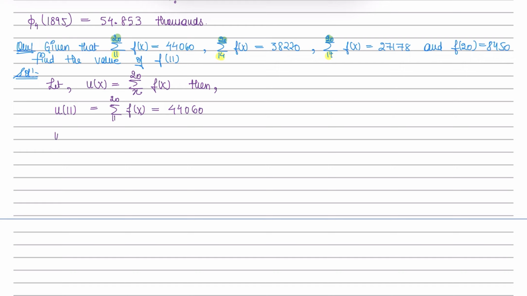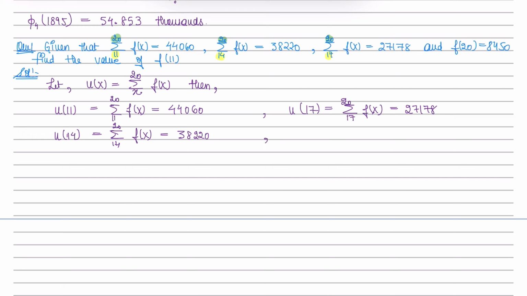Similarly, u of 14 is equal to summation 14 to 20 f of x, which is 38220. Similarly, u of 17 is equal to summation 17 to 20 f of x, which is equal to 27178.